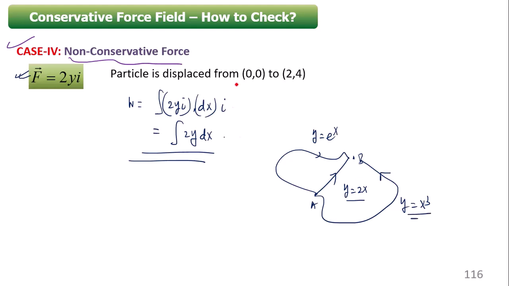So every time the value of y is changed, you are getting a different answer. So what you can conclude is that work done is not independent of path, it is dependent on path. So that means it is non-conservative. Any force which is not in the format 1, 2, or 3, you can categorize as non-conservative.